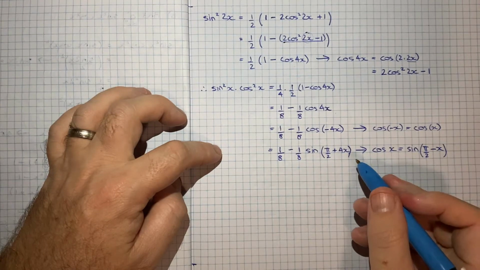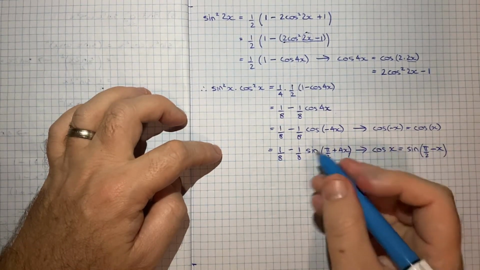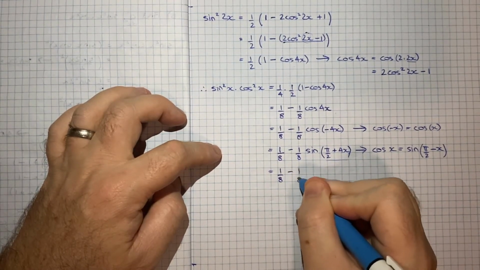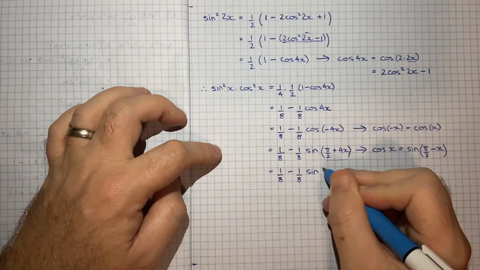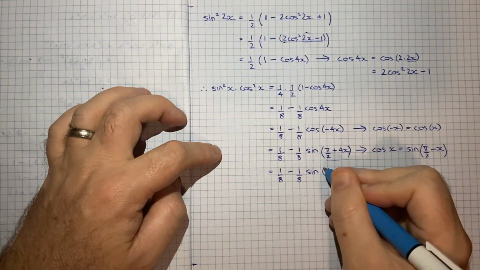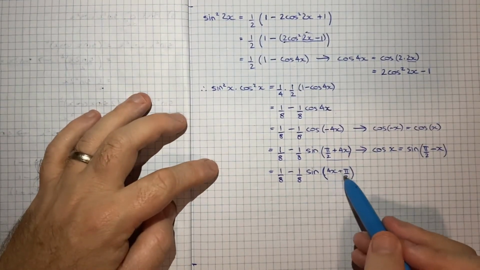So essentially, writing this in the ax plus b format we need, we get 1 on 8 minus 1 on 8 sine of (4x plus pi on 2). And hopefully you see that's ax plus b, where a in this case is 4 and b is pi on 2.